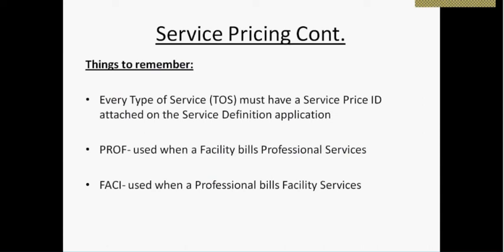And if there are professional bills for facility services, basically if you're going to a hospital but you are billed as a professional, that's what this FACI means. And PROF means if you go to a same day physician, but in case he thinks that you need to be staying in that hospital for a day or two, then you should treat that as an inpatient, right? So how the billing should be effective? That's what these indicators mean.